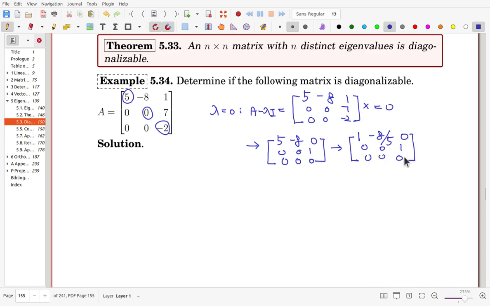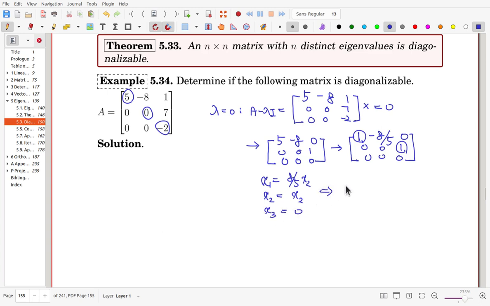Now we have the reduced echelon form, and x2 is a free variable. So x1 is 8/5 x2, x2 is free, and x3 is 0.